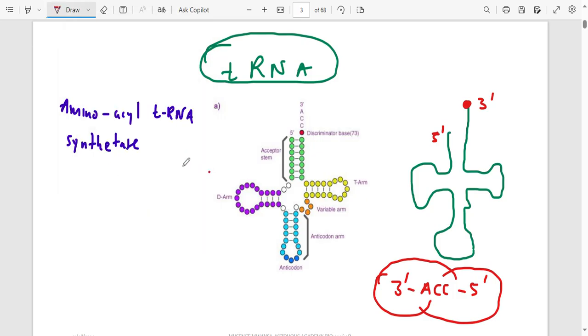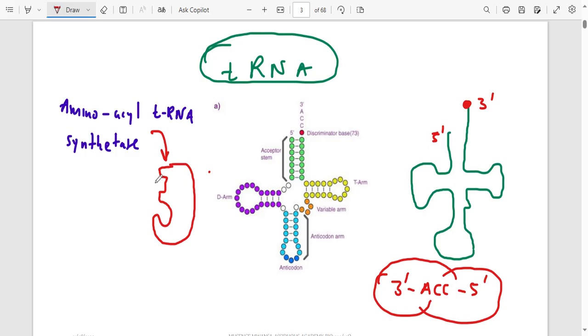So this is the enzyme. Let's say the enzyme is drawn like this. What is going to happen is that this enzyme is going to get an amino acid, but before you get that amino acid, you need energy, isn't it?